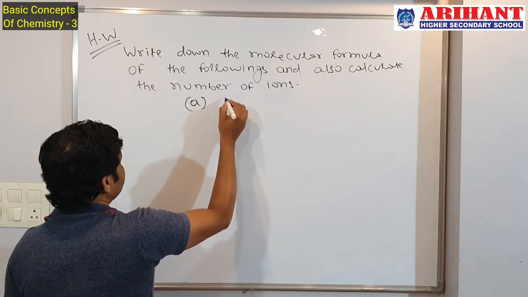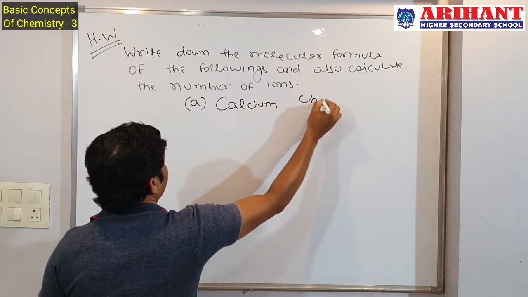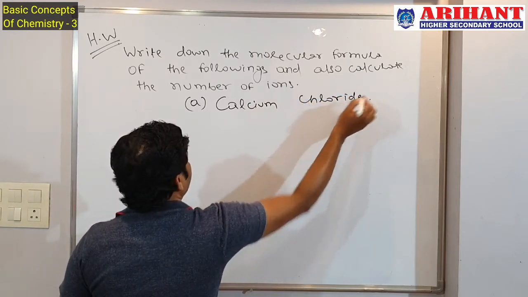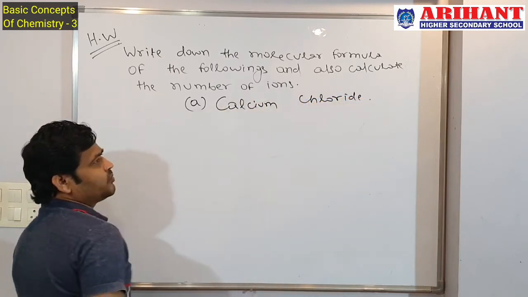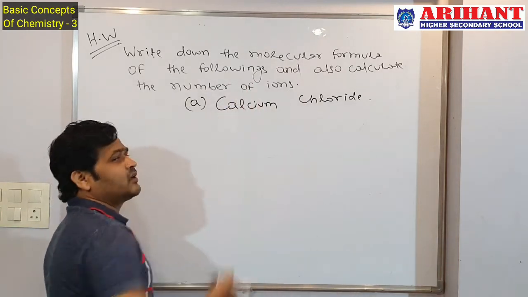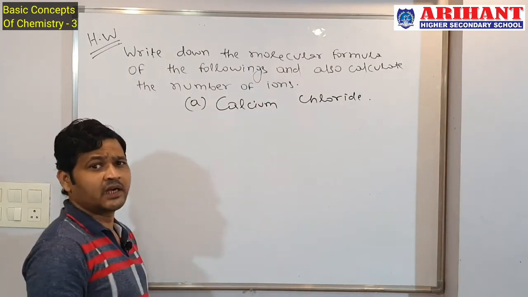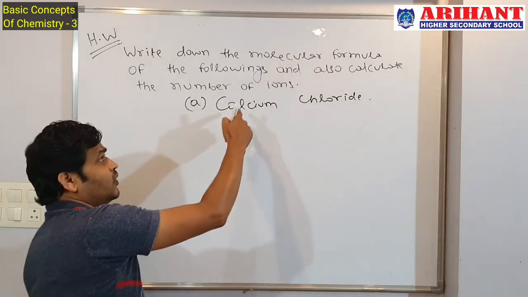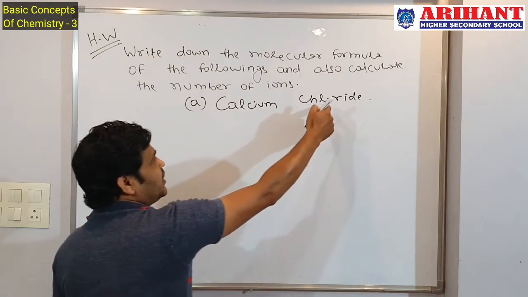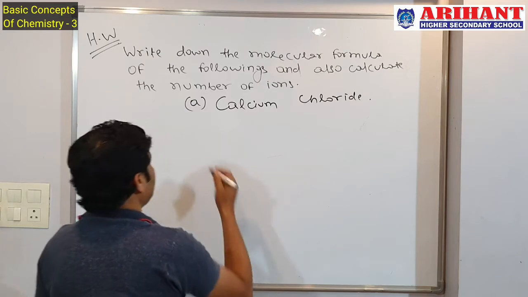A. Calcium chloride. Calcium Ca2 plus is the cation, Cl minus is the anion, and the formula is CaCl2, and CaCl2 has 1 Ca2 plus and 2 Cl minus, hence number of ions is equal to 3.